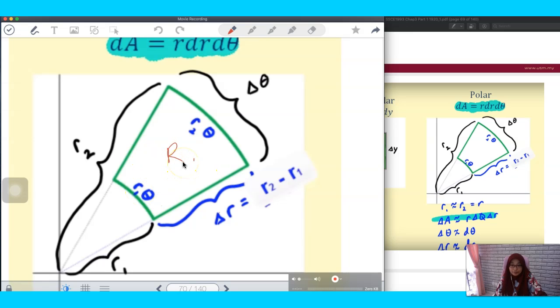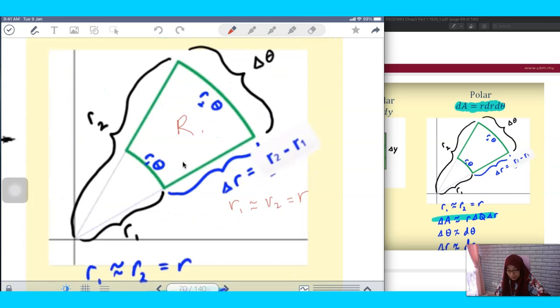If you look at this, it is not exactly a rectangle, just a wedge of part of the circle. But because this is very, very small, we assume that r1 and r2 are the same, where we can say r1 is almost r2, and we call this r, because the value of them is almost the same.